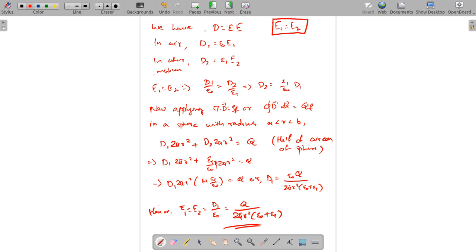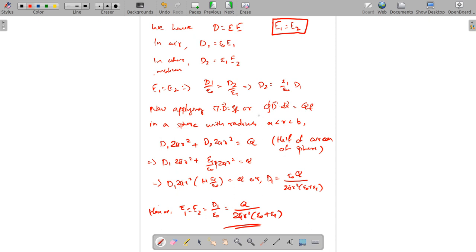Now you use the relation D equals epsilon E, where D is the dielectric displacement, epsilon is the permittivity of the medium, and E is the electric field. In air you will have D1 equals epsilon 0 E1, and in the other medium you will have D2 equals epsilon 1 E2, because the permittivities are different and your electric fields are the same. That means your electric displacement D should be different.